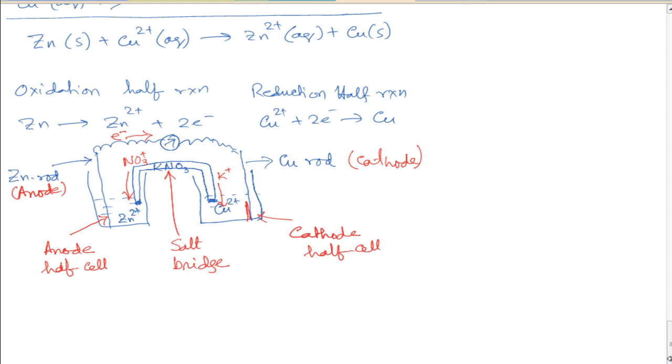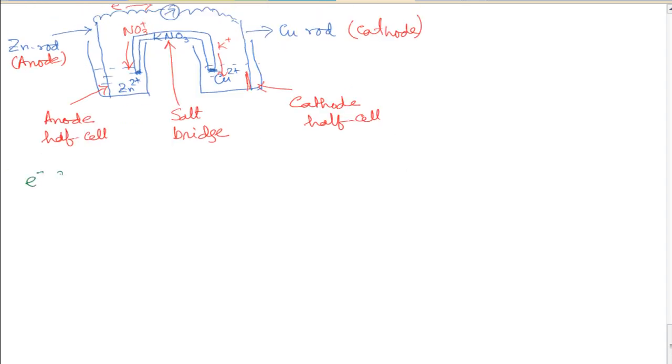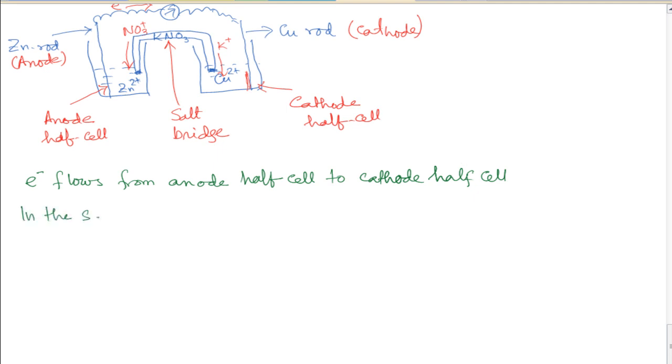In this, electron flows from anode half cell to cathode half cell. And when that is happening in the salt bridge, the anion, the nitrate, isn't it?